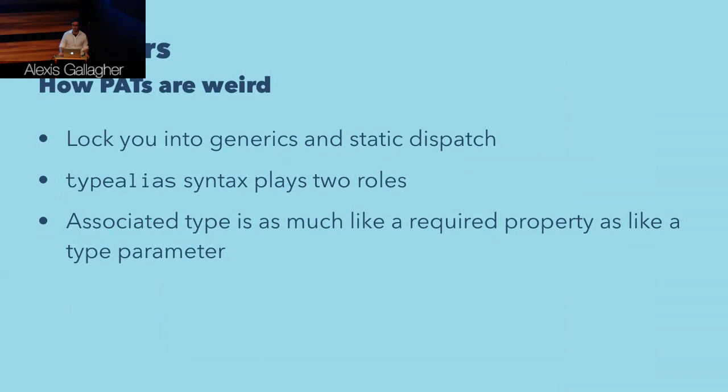Maybe all you wanted was to be able to define equality. Typealias as a keyword is a bit misleading because it does two very different things. One is a handy, convenient syntax thing. The other establishes a requirement on a protocol. And when you think about what an associated type is, I think it's as much like a required property as it is like a type parameter. So it's a good guide to have in the back of your mind.